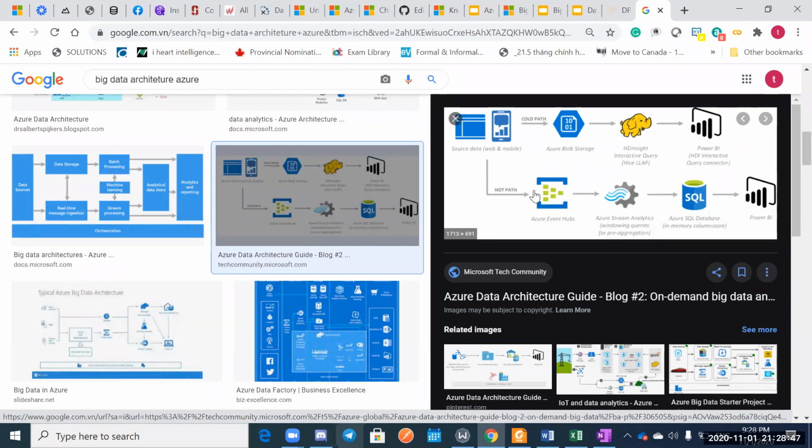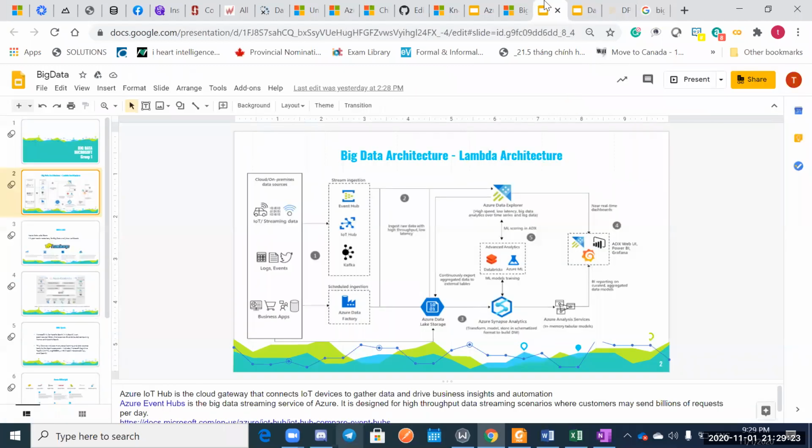Sid just told me this afternoon that there will be no testing on the architecture, but still remember this, because later when you work in your company and they talk about big data architecture, there are two so far: lambda and kappa. So in the cold path, you see this is the store and this is the transformation. And in the hot path, this is the extract, then the transformation, and then the store. Okay, so that is for the big data architecture.